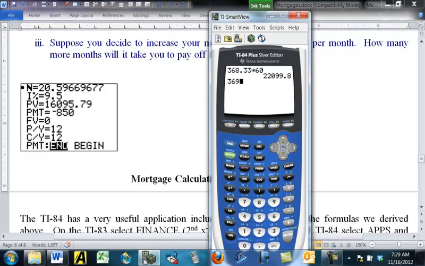369 times 55 months. You've paid, well, actually not even, actually should be less than that. Let me go back and look at that.